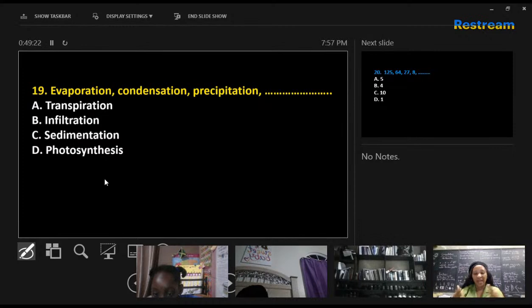So what would happen after the precipitation comes back to the earth? Which one of those processes would occur? What is sedimentation? We know what photosynthesis is, so that's where plants make food. But what would happen to the moisture itself, to the snow, the rain, the sleet, the hail, when it falls to the ground? Madison says infiltration.